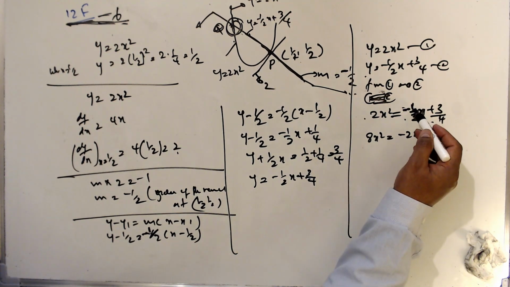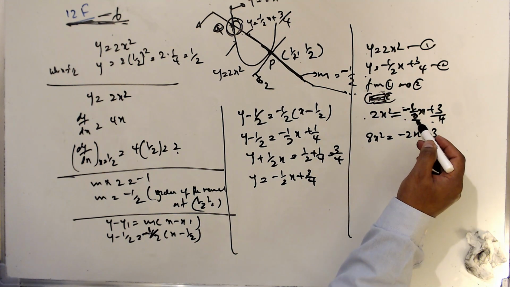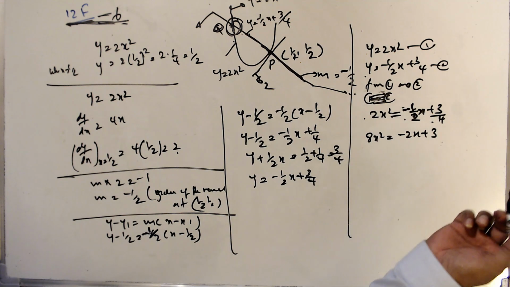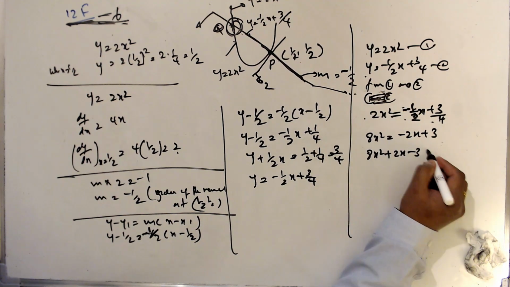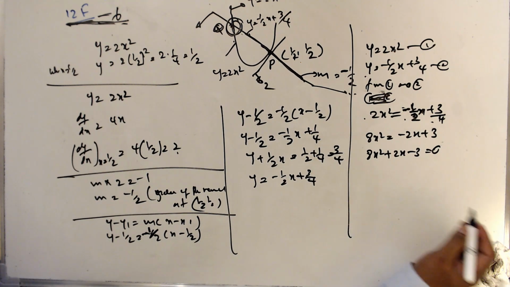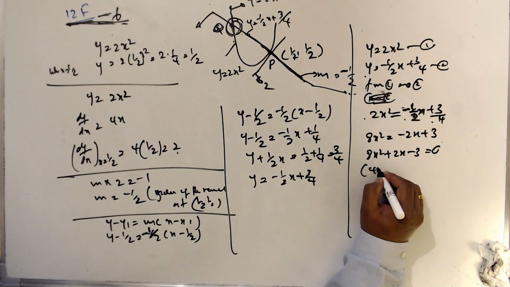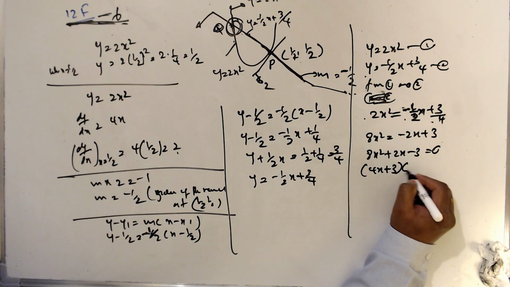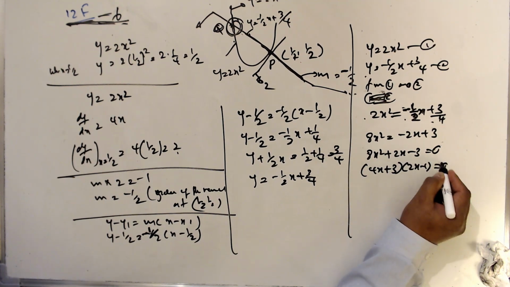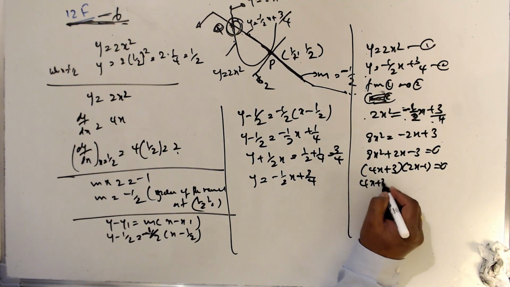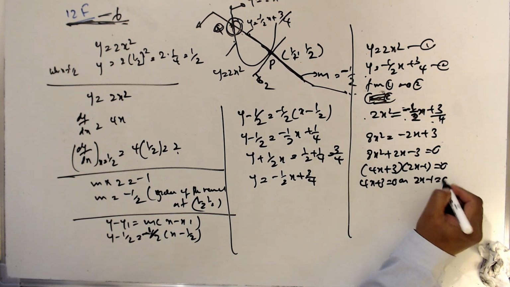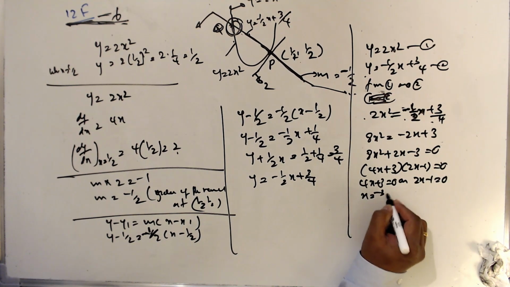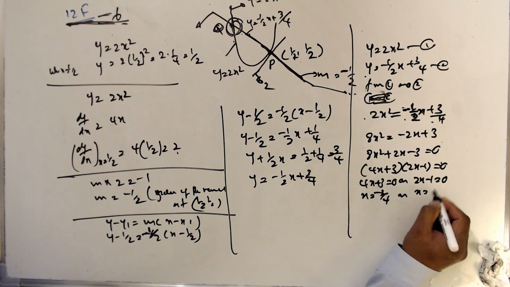So 8 times 2x squared is 16x squared, minus 4x plus 6. Dividing by 2, this is 8x squared plus 2x minus 3 equals 0. So I can factorize: 4x plus 3 and 2x minus 1 equals 0. 4x plus 3 equals 0 or 2x minus 1 equals 0. x equals minus 3 over 4 or x equals half.